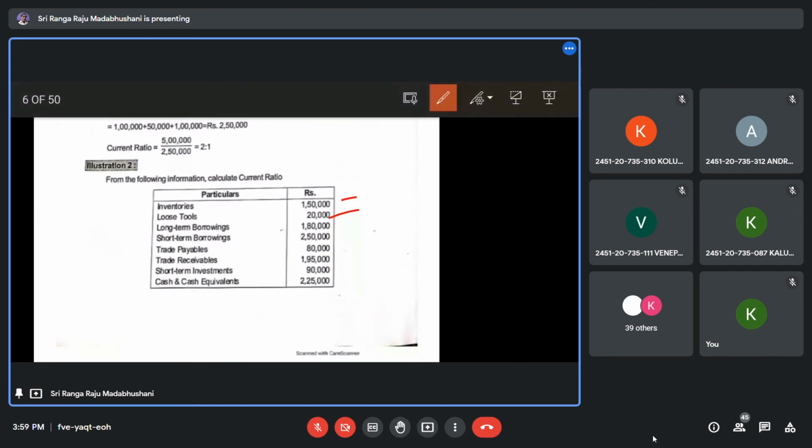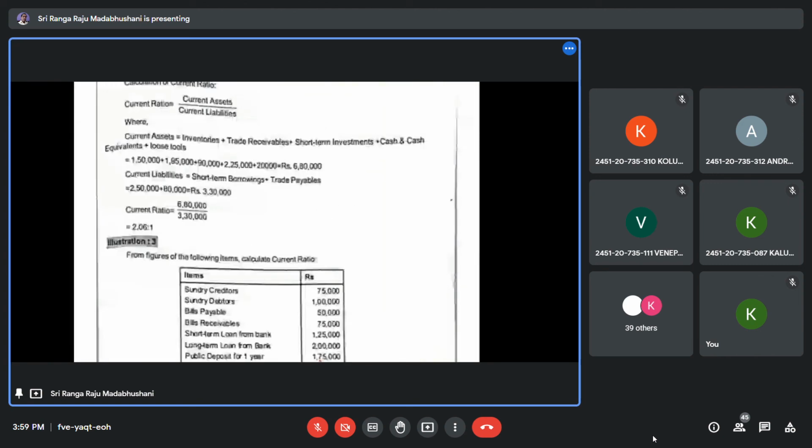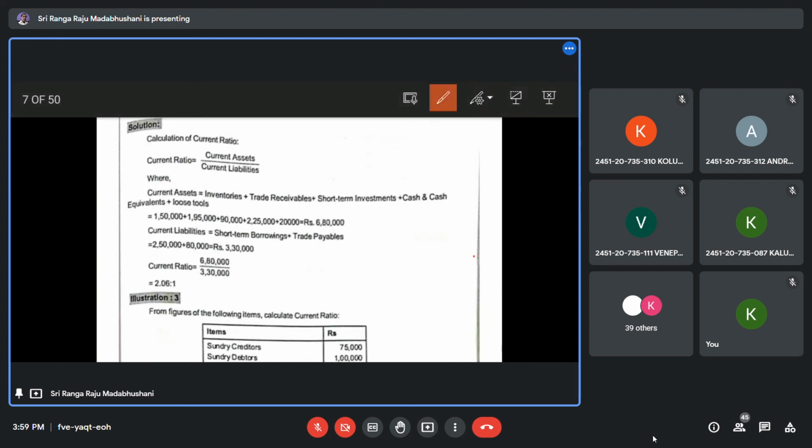Long-term borrowings, short-term borrowings. You have to consider short-term borrowings. Trade payables, current liability. Trade receivable, current asset. Short-term investment, current asset. Cash and cash equivalents, current assets. Now, adding all this: inventories, trade receivables, short-term investment, cash and cash equivalents, loose tools.